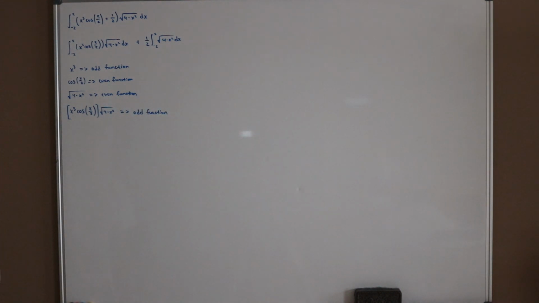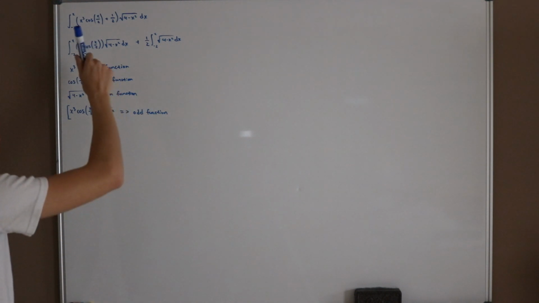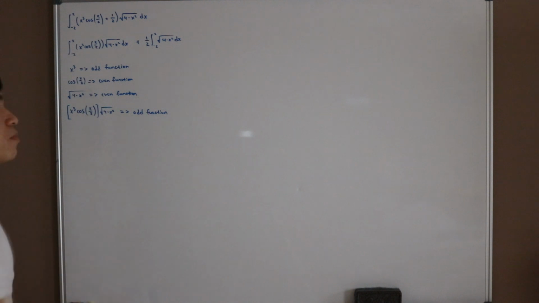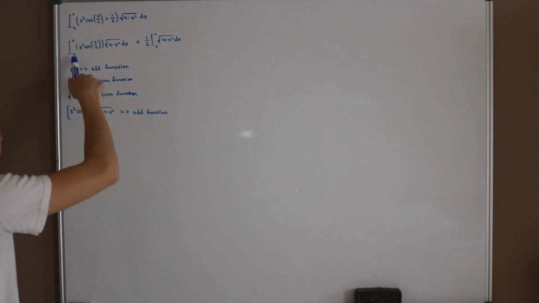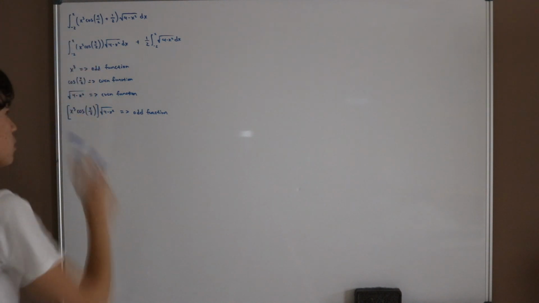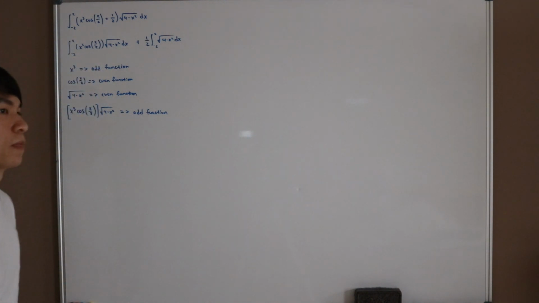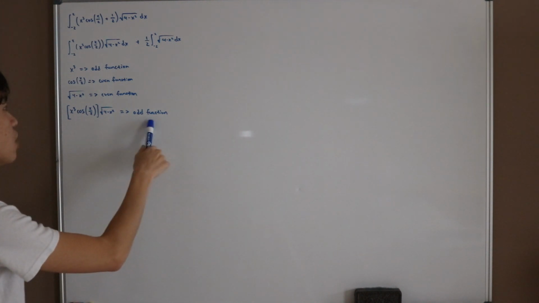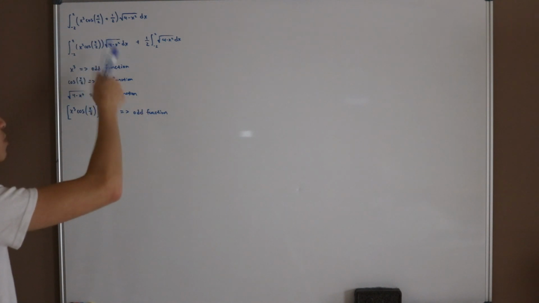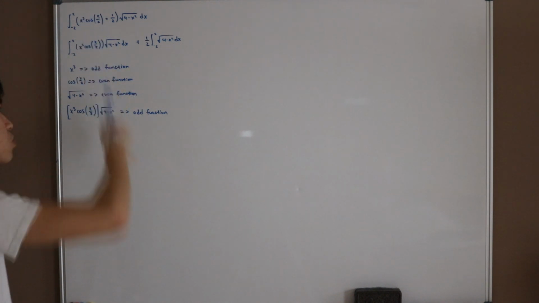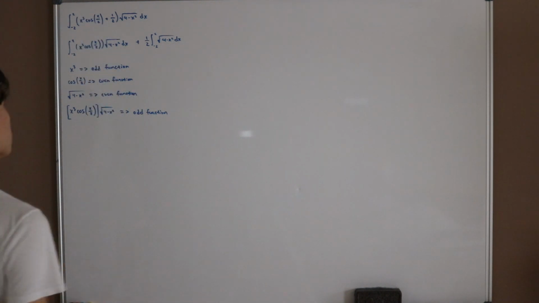And now the last thing to recall is that with an integral over symmetric intervals, so this is going from -2 to 2, the property says that when you have an odd function, the integral over the symmetric interval from -2 to 2 of an odd function is equal to 0.